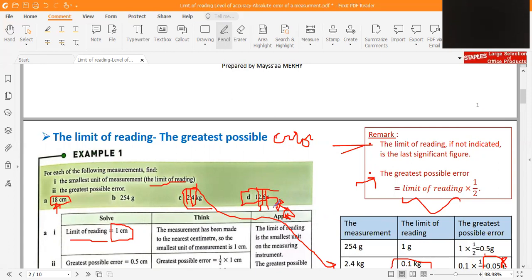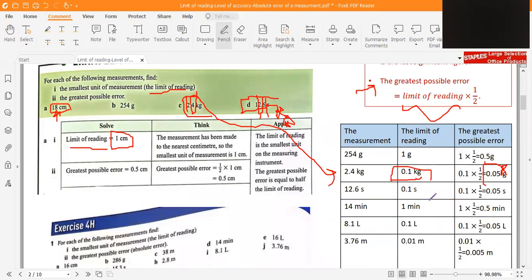So we can say here that the limit of reading is equal to 0.1 second, and the greatest possible error is equal to half of this value. So half of this value equals 0.05 second.